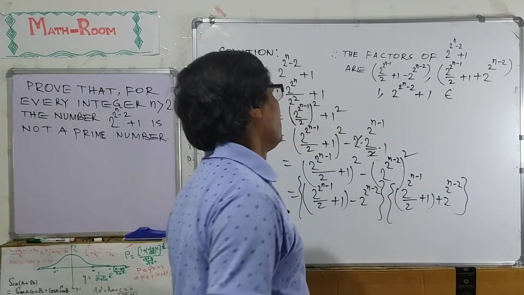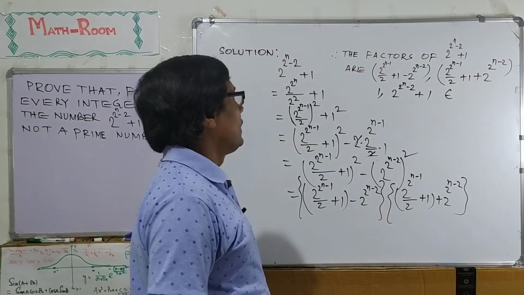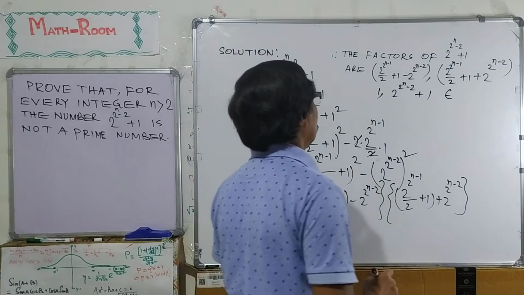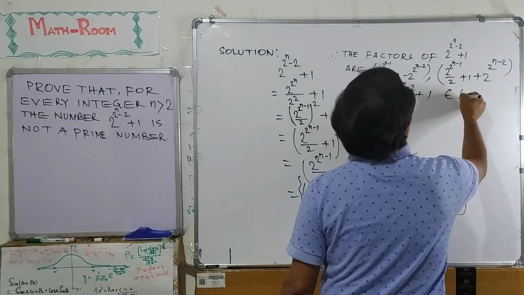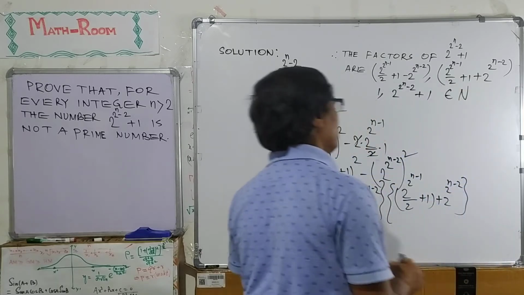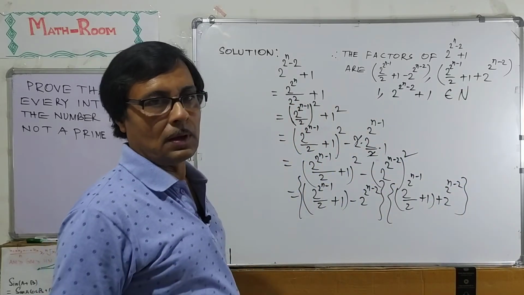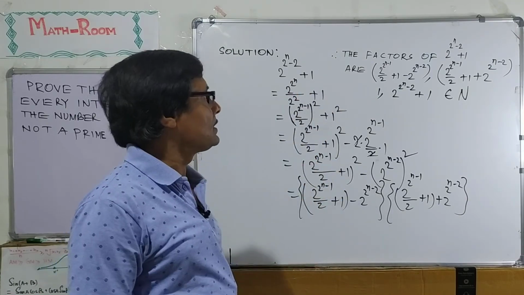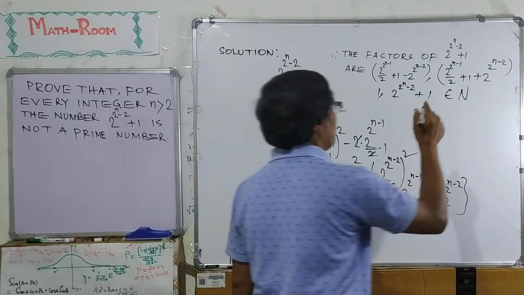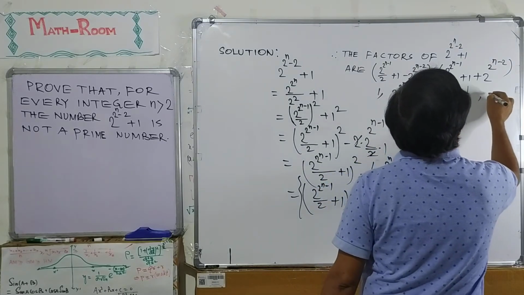All of these factors are natural numbers for n greater than 2.